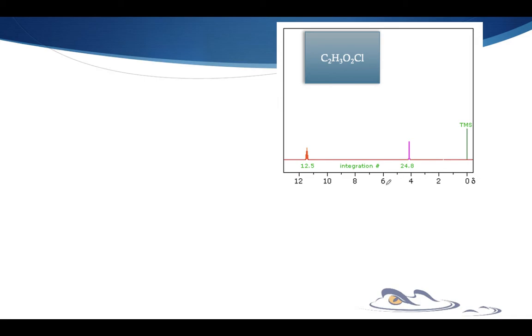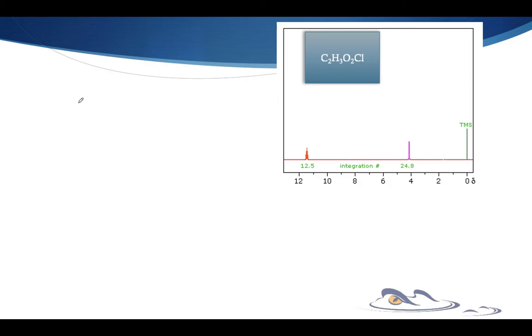We could get the chemical formula from other chemical analyses, and it would give us the number of atoms in each of these molecules, an empirical formula, right?